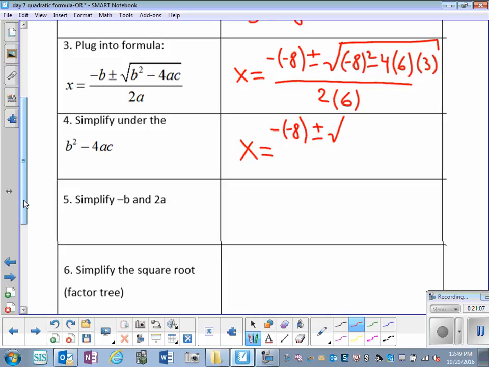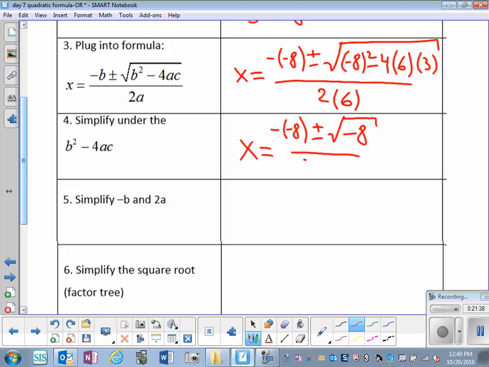So negative 8 to the power of 2 is what? 64, minus 4 times 6 times 3, which is 72. So I have 64 minus 72. Gives me what? Negative 8, right?